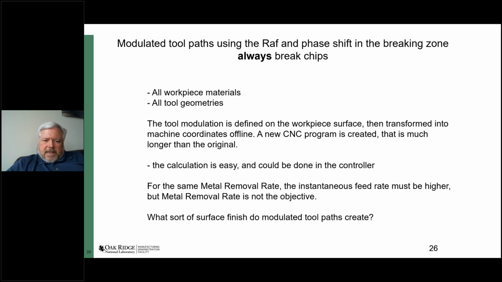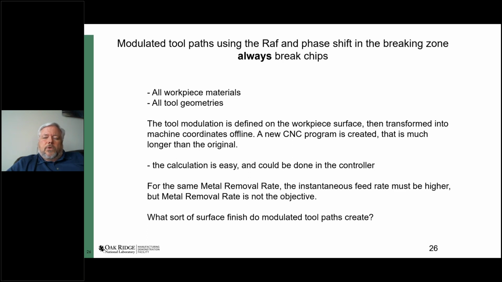The modulation is defined along the workpiece surface, and so it appears in the NC program, in the M and G code, and that's much longer than the original program, but it's not hard, and mostly the controller can manage this. For the same metal removal rate, the instantaneous feed rate is higher, right?